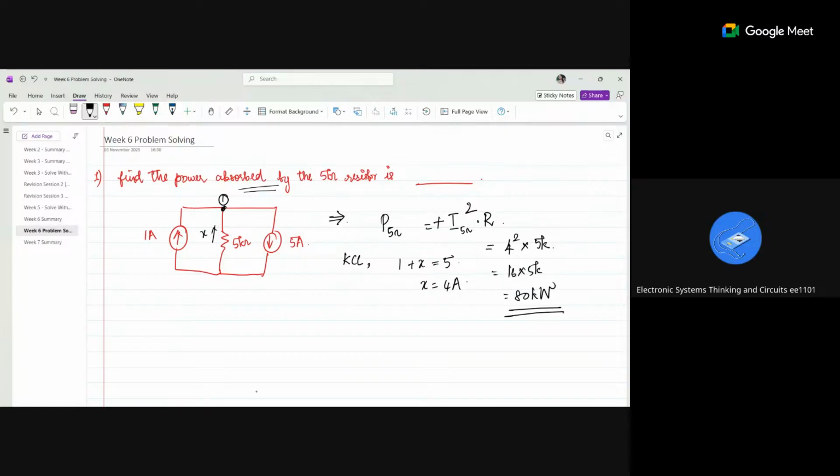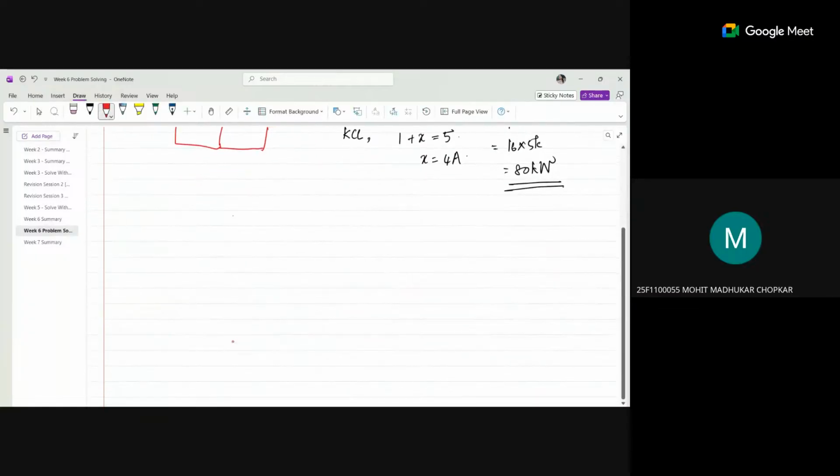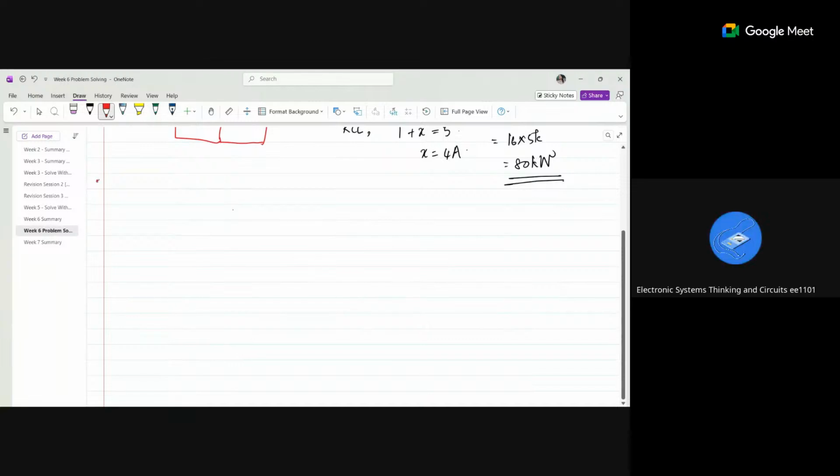Shall we move to the next question? Yes, ma'am. So the next question is find the power delivered by the 1 kilo ohm resistor.